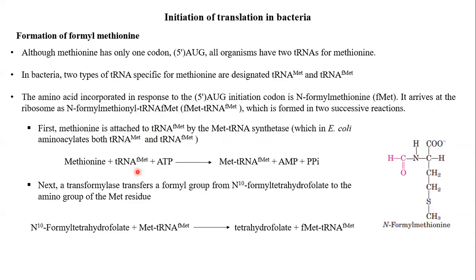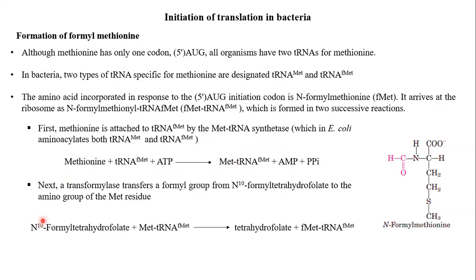This Met tRNA synthetase enzyme amino acylates both the transfer RNAs. There is no different enzyme for initiation and the other methionine. The same enzyme does the reaction. So this enzyme adds methionine to tRNA fMet. The reaction is: methionine plus tRNA fMet plus ATP gives Met-tRNA fMet, AMP and pyrophosphate. So see the difference: the transfer RNA is for fMet, but still it has only methionine.